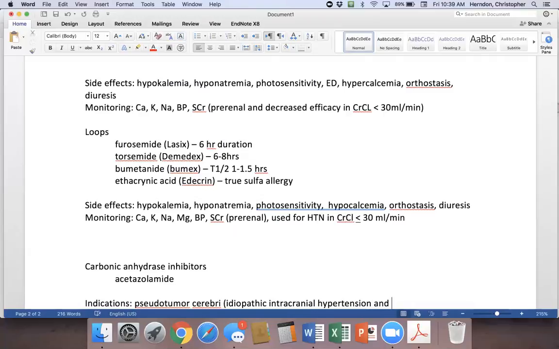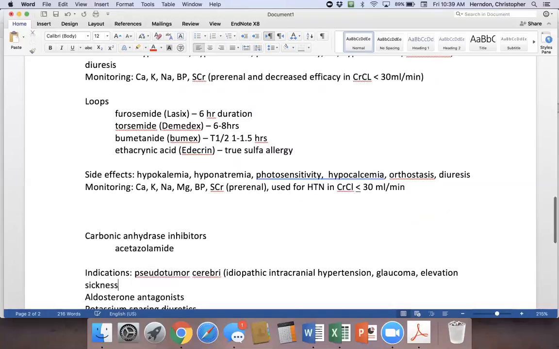And what's the other one? Glaucoma. And there's actually a third one: elevation sickness. Everybody who climbs Mount Everest gets a little acetazolamide in their pack.